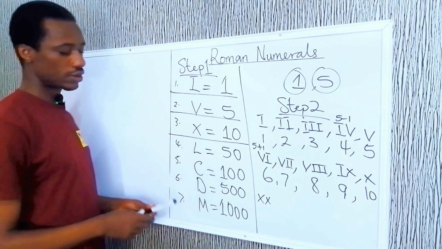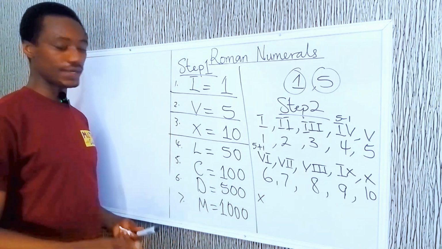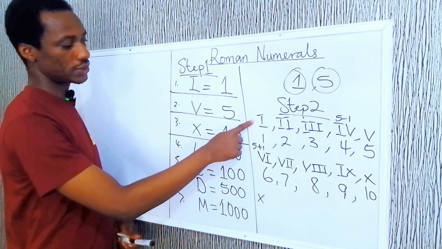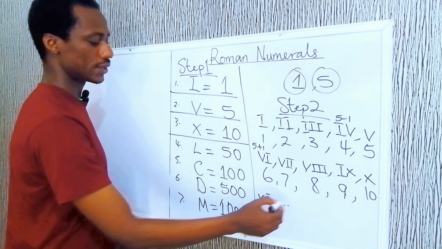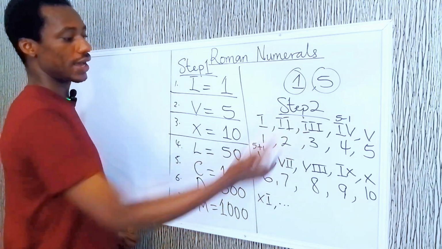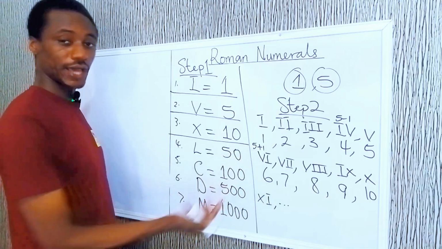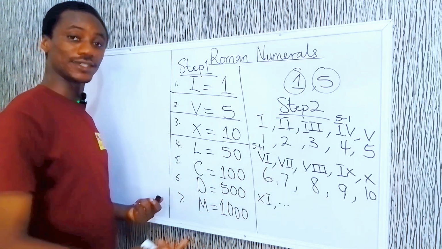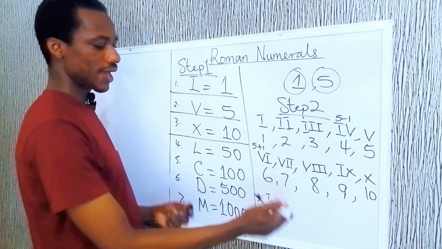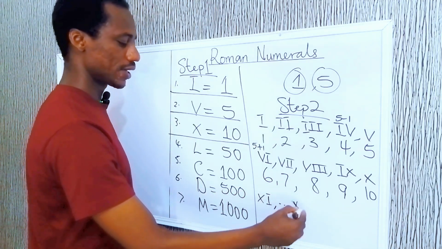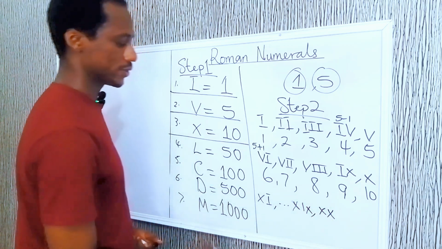Okay, from even the numbers after 10, right? So that will be 10 plus 1, that will be XI. All right, and then you go on like that: XII, XIII, XIV, XV 15, XVI 16, XVII 17, XVIII 18, XIX 19, and XX 20.